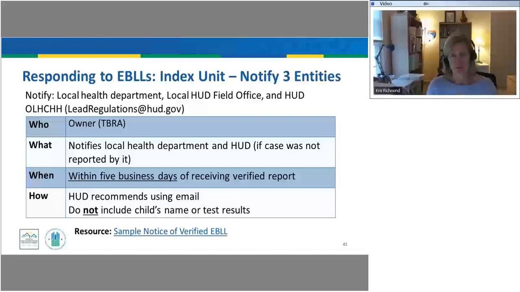And how you reach out to the Office of Lead Hazard Control and Healthy Homes, that email is listed there as well. So HUD does recommend using email. Do not include the child's name or the test results.